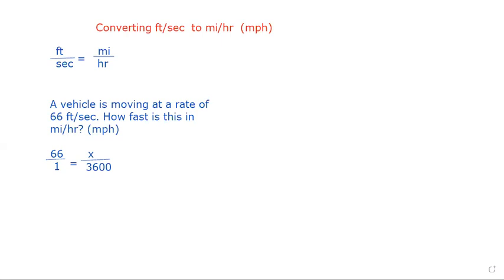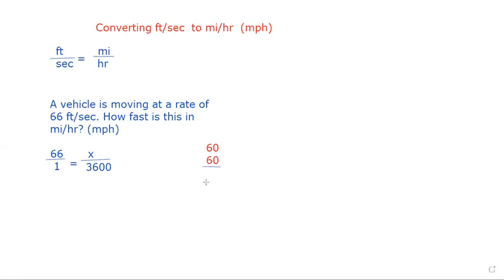We know that there are 60 seconds in a minute, and we know that there are 60 minutes in an hour. I'm going to repeat that: 60 seconds in a minute and 60 minutes in an hour.